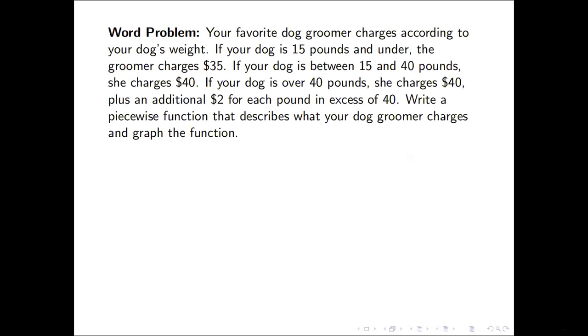Okay, let me read it. Your favorite dog groomer charges according to your dog's weight. If your dog is 15 pounds and under, fixed charge of $35. If your dog is between 15 and 40 pounds, $40.